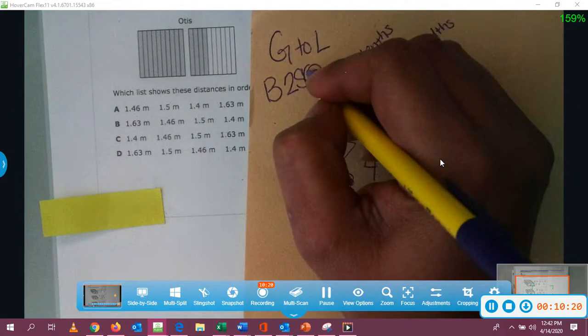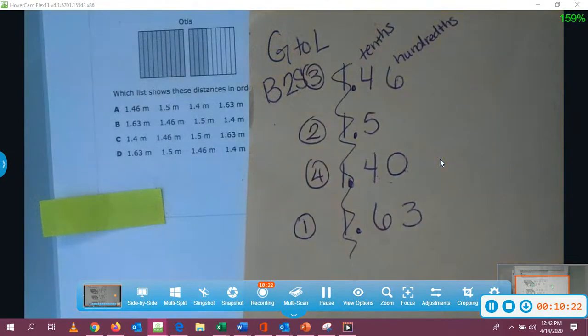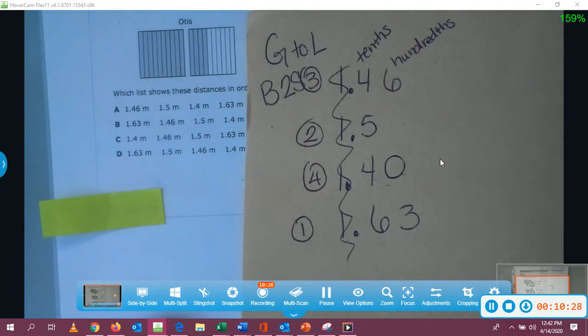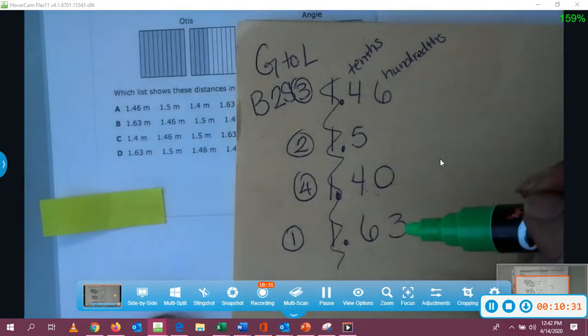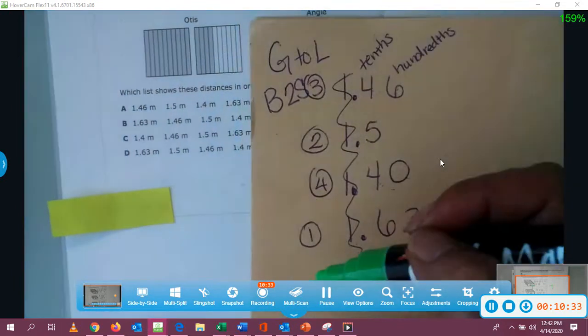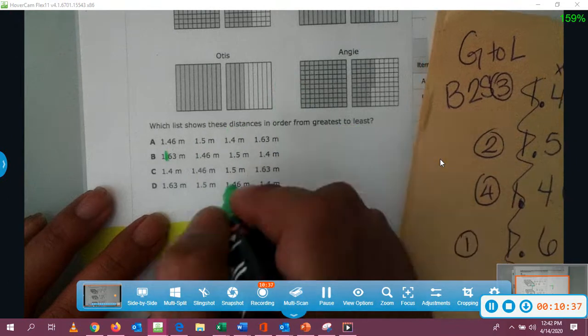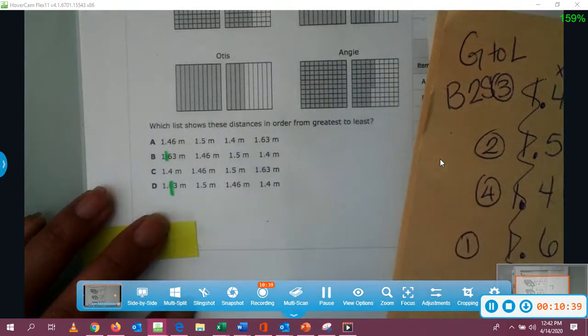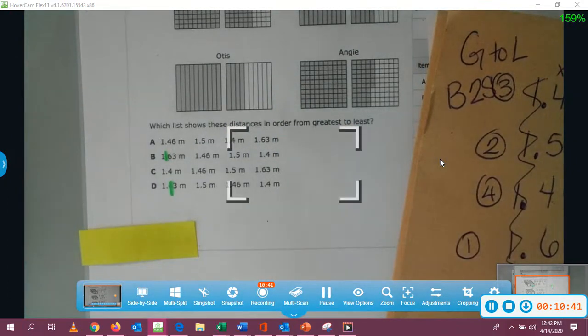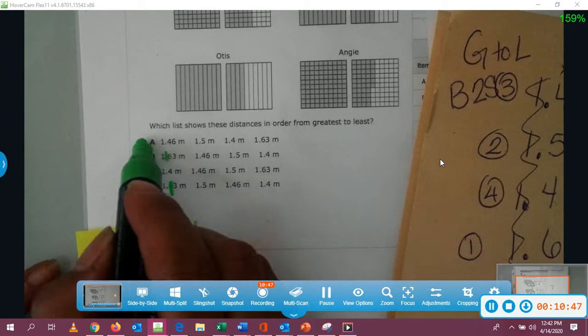So now I will go back onto my answer choices, and then I will mark number 1, which will be 1.63. So every time I saw 1.63, I will put 1. So if I don't see that first, because we know greatest to least means biggest to small, I will go ahead and mark out the other answers, because guess what?